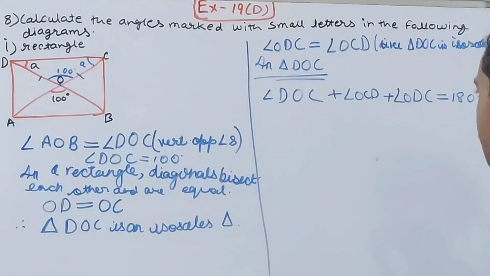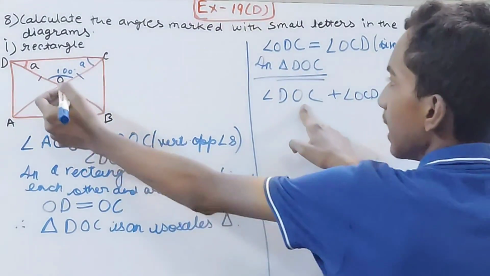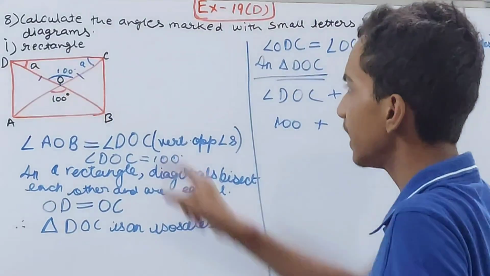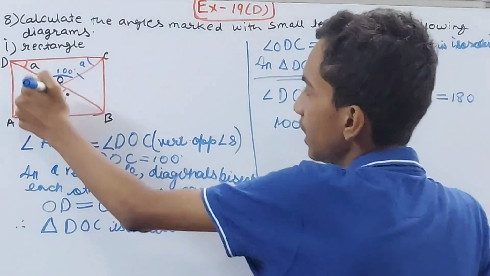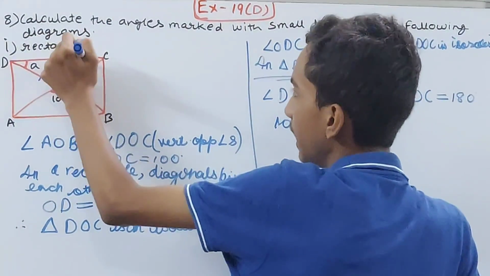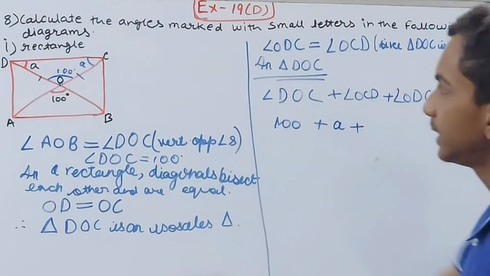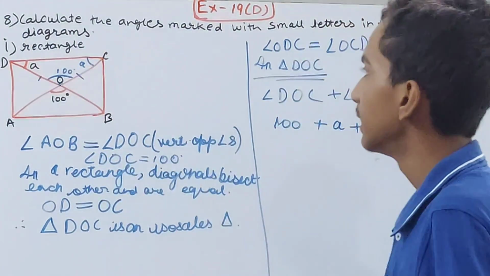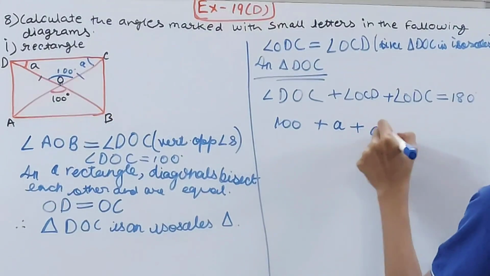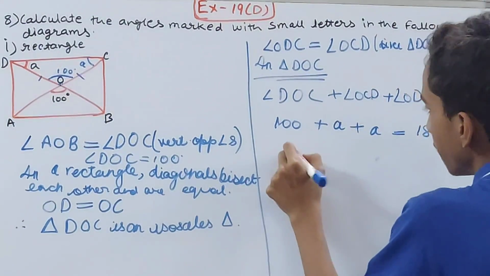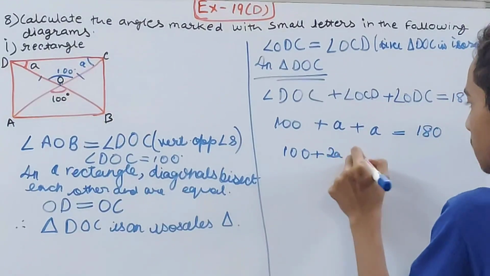Angle DOC is 100. Angle OCD is A. Angle ODC is A. So 100 plus 2A is equal to 180.